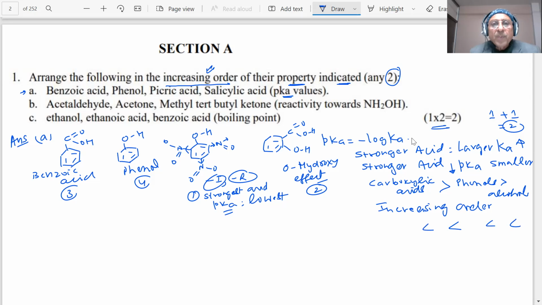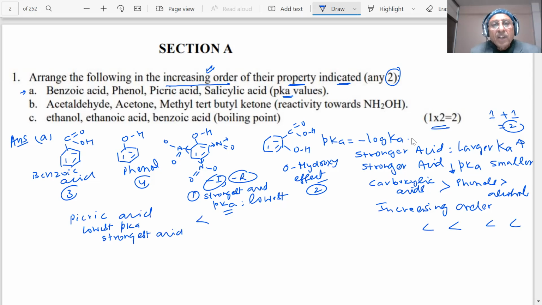Now the lowest pKa, strongest acid, the pKa is lowest. So this is our picric acid. So if I have to arrange, student, I can say picric acid. This will have the lowest pKa because it is the strongest acid. After that, what will come, student?